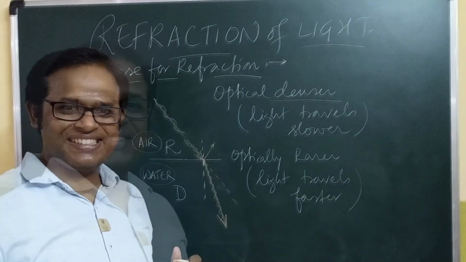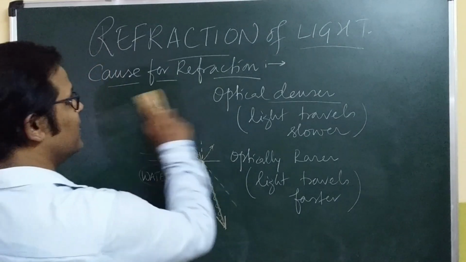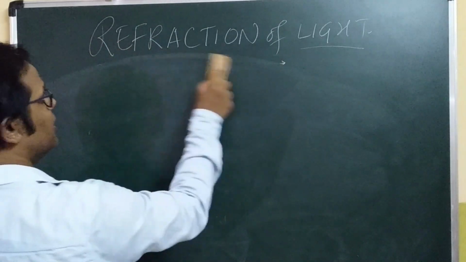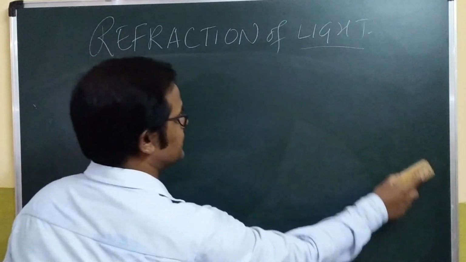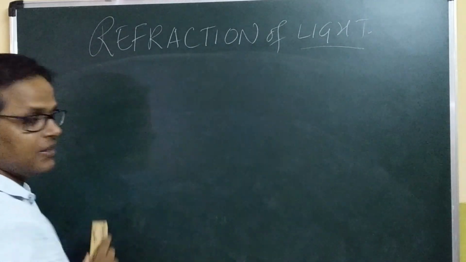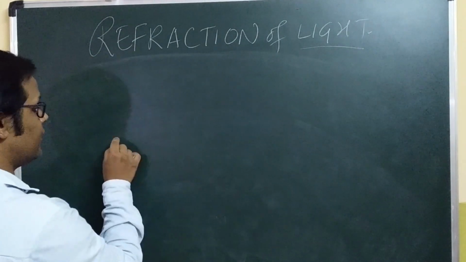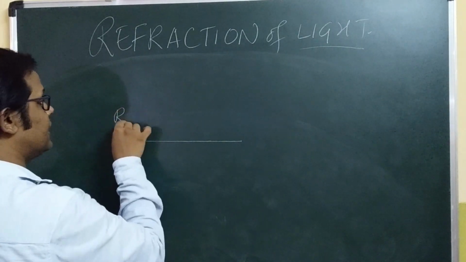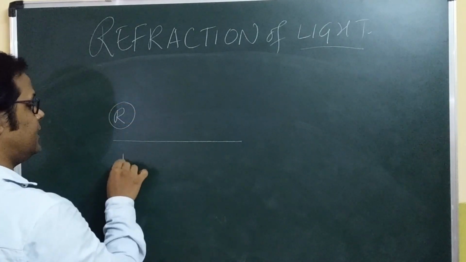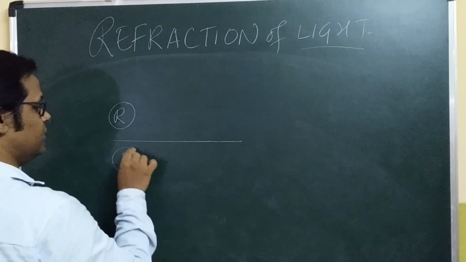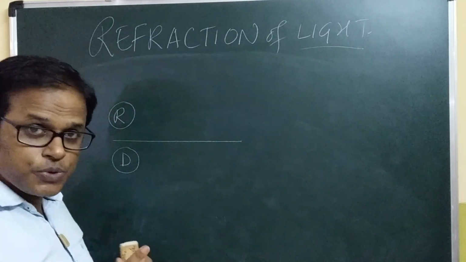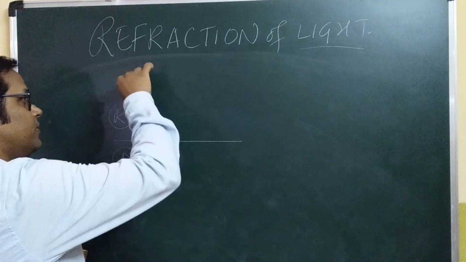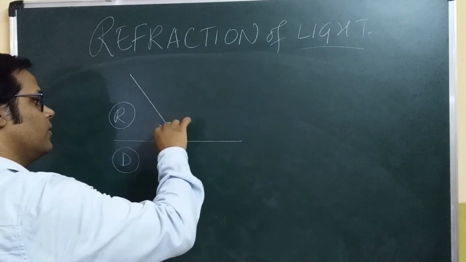From this, we can come to a very good conclusion, and I can make it much easier to understand. So if I say the ray of light is propagating from optically rarer to optically denser medium, if you have understood the concept of optical density, it would be very easy to draw.